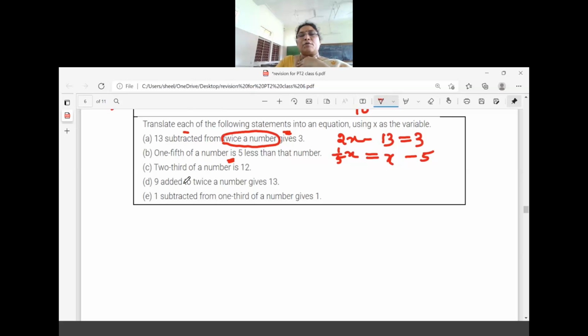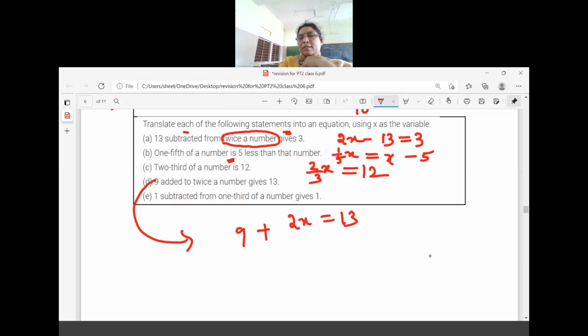Now what is the next one? 2/3 of a number is 12. 2/3 means 2 by 3 of a number, x, is means equal to 12, right? Now 9 is added to twice a number. 9 added means plus, twice a number 2x, gives means equal to 13.